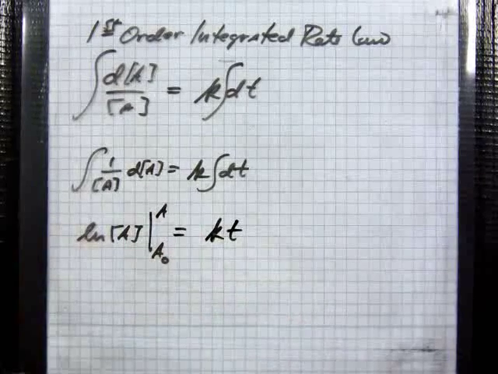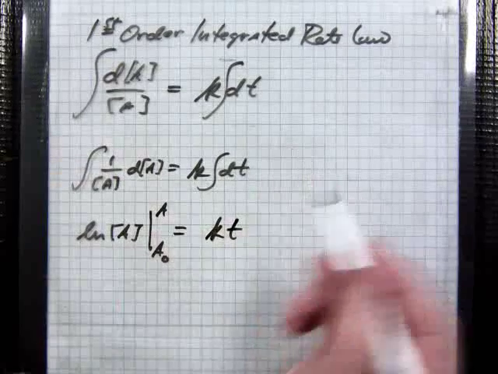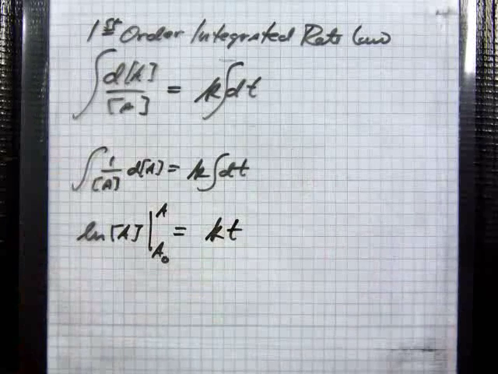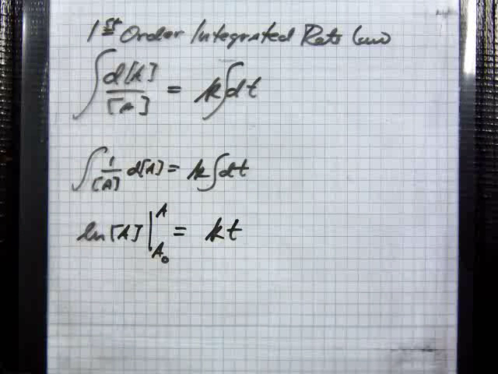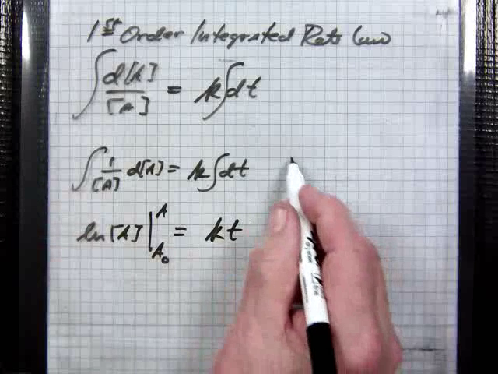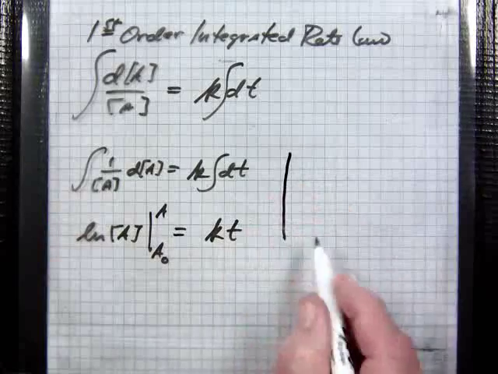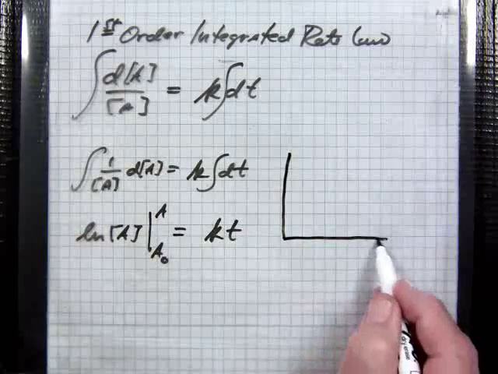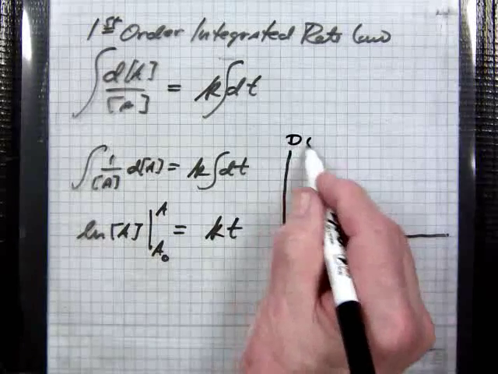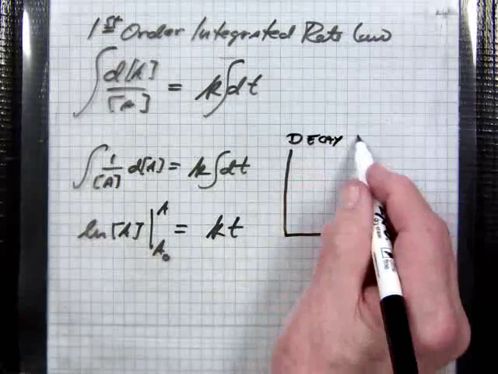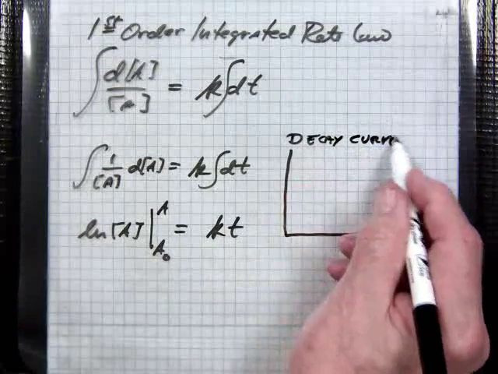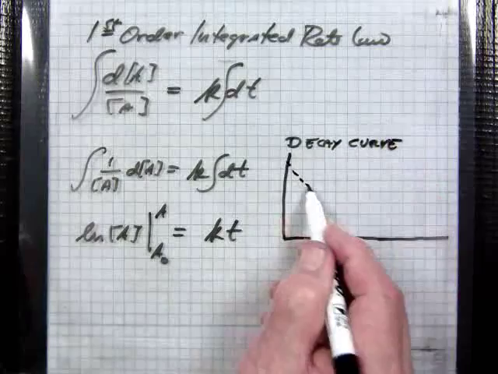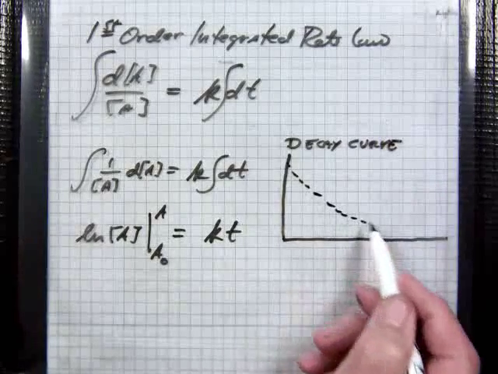This is equal to k times t. Now, in the decay expression, we find that the rate constant will be decreasing. It will be a negative value because you're defining the equation in terms of the reactant side. And so when we look at that decay curve, we find the reactant concentrations follow this trend.